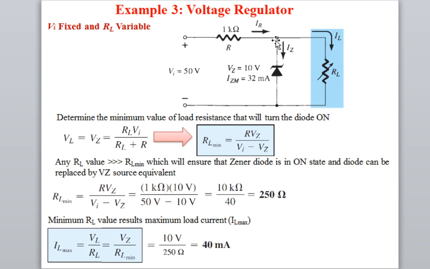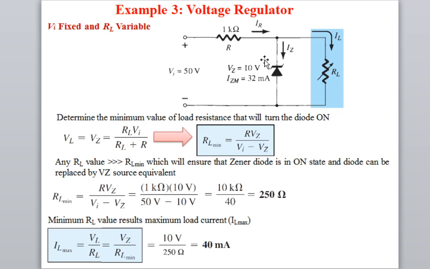That is what we have to analyze. So in this problem, the circuit will behave like a voltage regulator circuit if and only if your diode is in conducting stage.